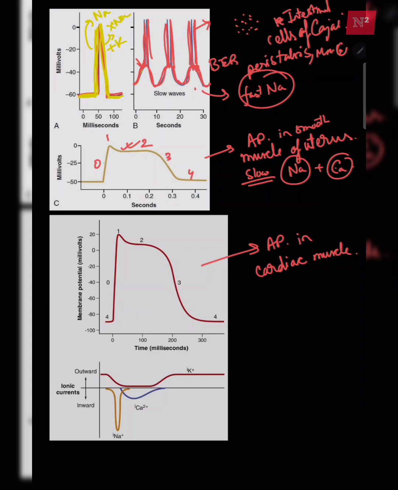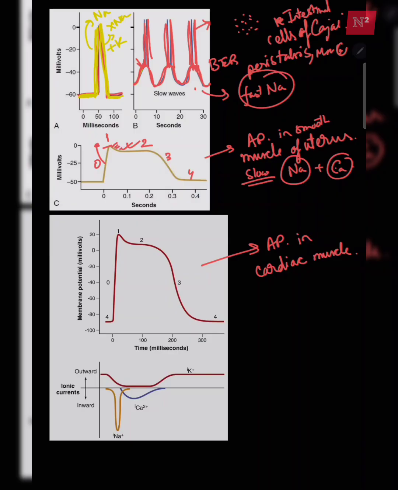So phase 0 is because of the depolarization due to the sodium channels, and in phase 1 it reaches the peak at which the sodium channels are closing and the slow calcium channels open.